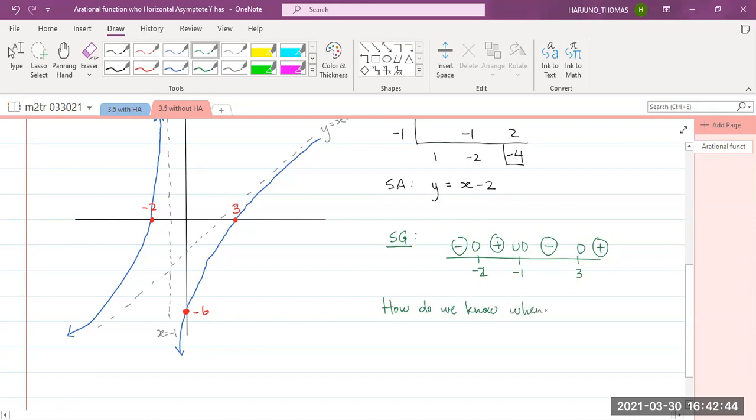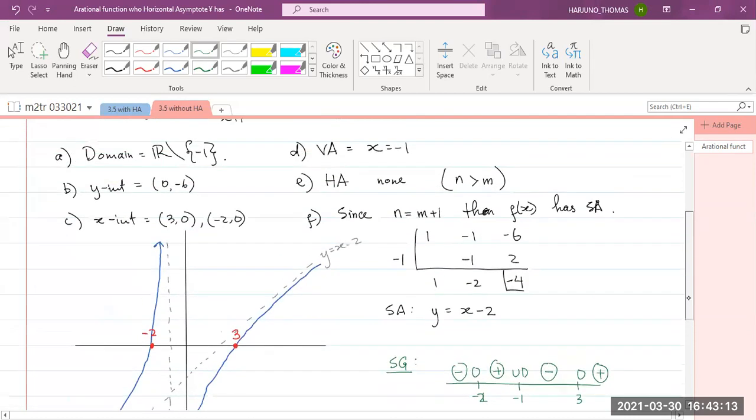What we will do is the sine graph on f(x) minus the slant asymptote.